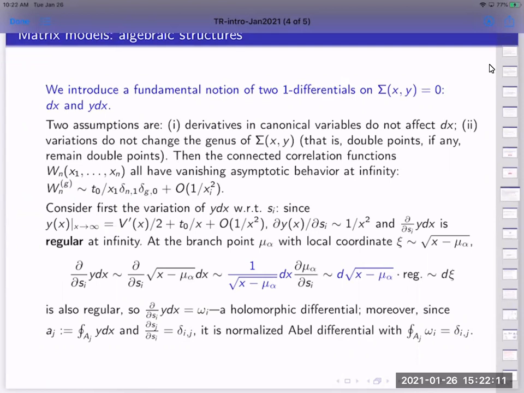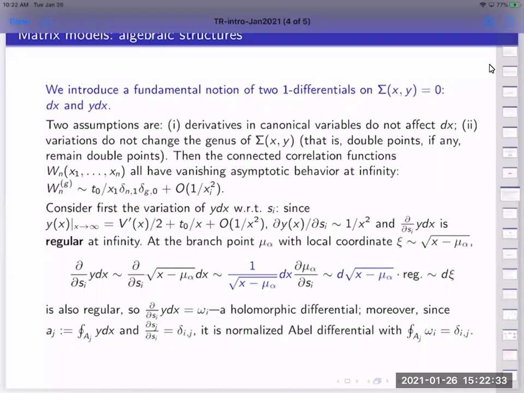The second assumption is that when we do variations, the maximum genus of this curve depends on the power of the potential. But in principle it can be any lower genus if you have some double points.